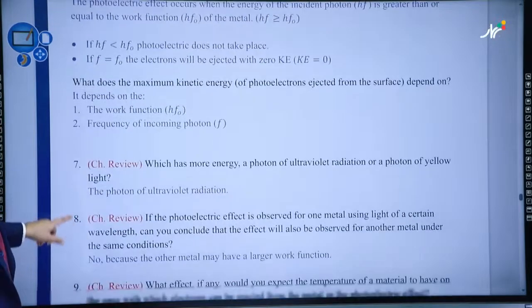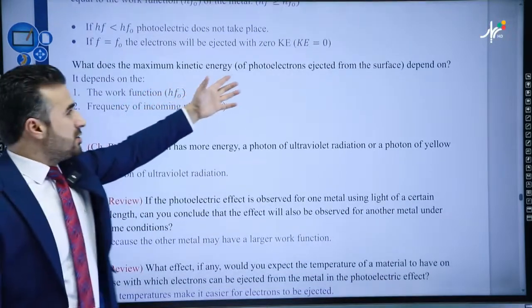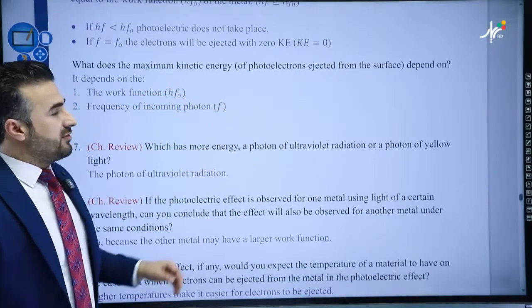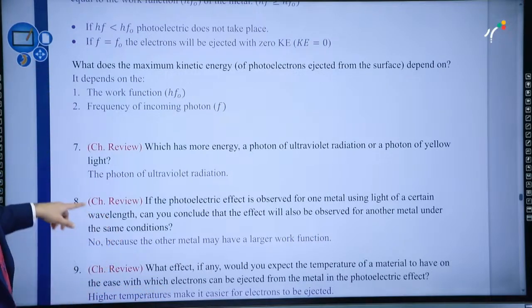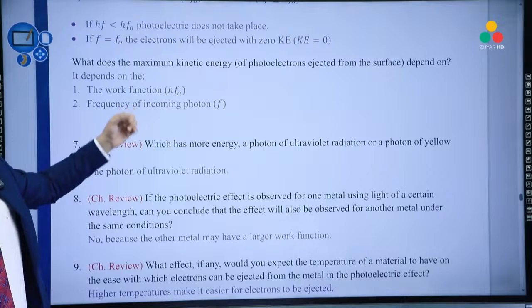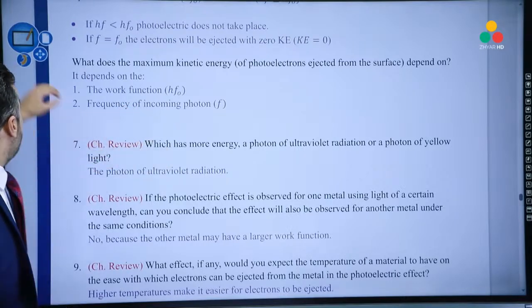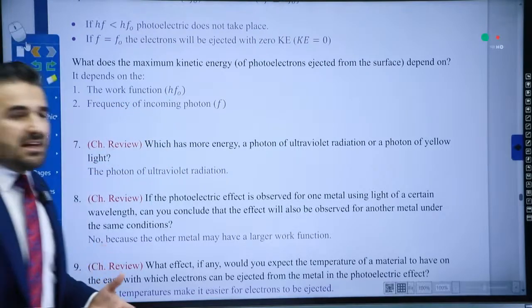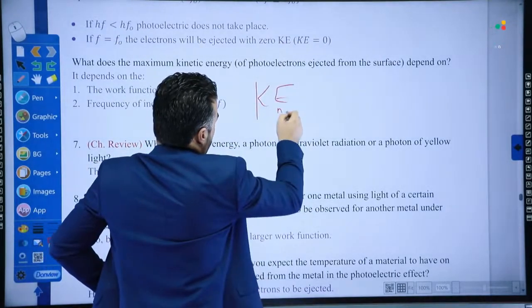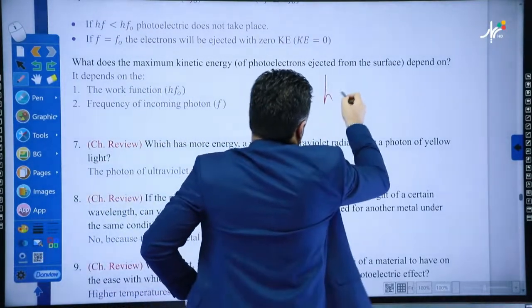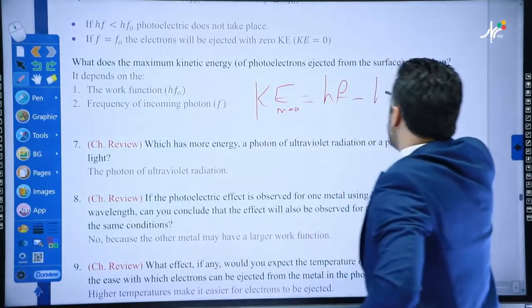Okay, so another question: what does the maximum kinetic energy of an electron ejected from a surface depend on? Based on this, of course, it depends on two things. It depends on the work function and also on the frequency of the incoming photon. Didn't we say that maximum kinetic energy is the difference between the two? So maximum kinetic energy is basically hf minus hf naught, yeah?